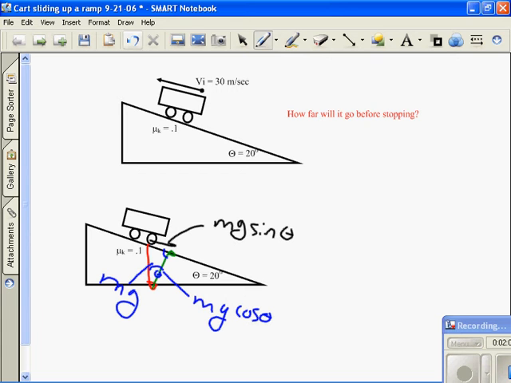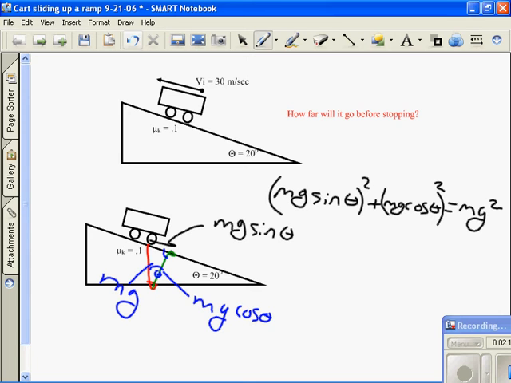This is a right triangle, so I know a squared plus b squared is equal to c squared. I can factor out the mg thing here.